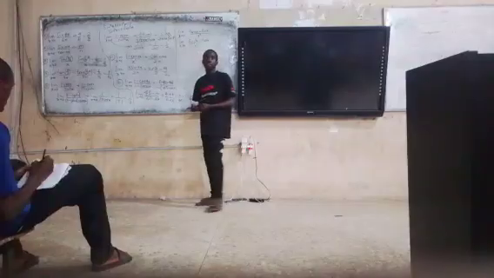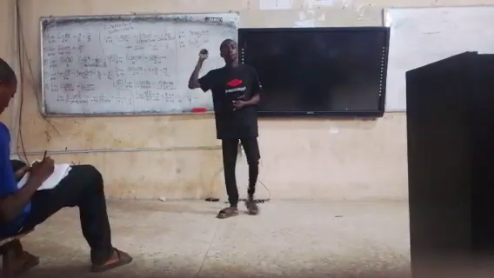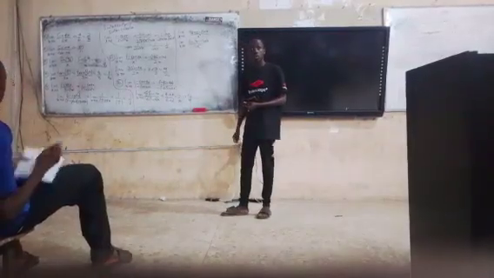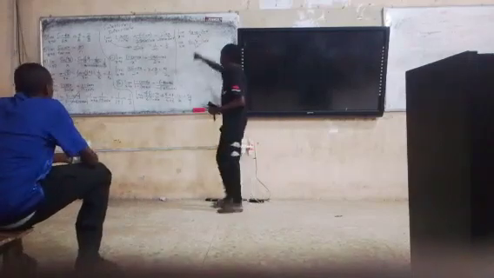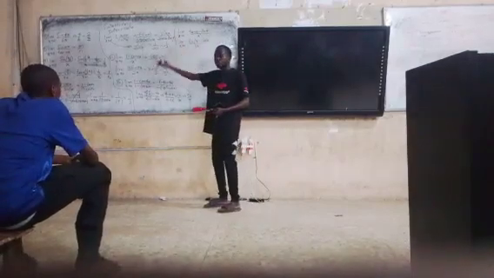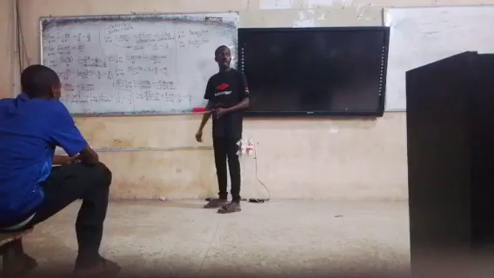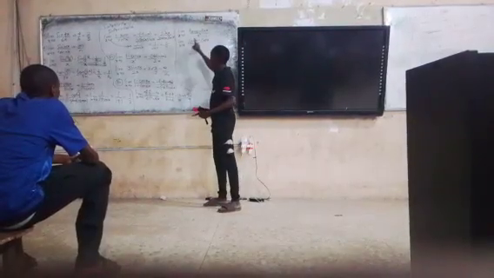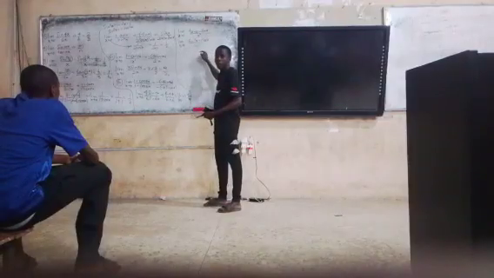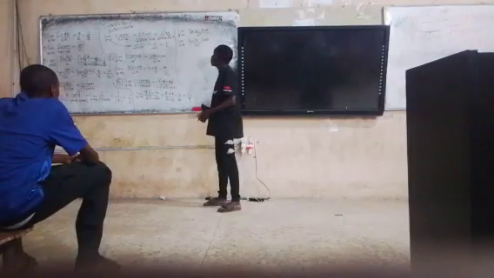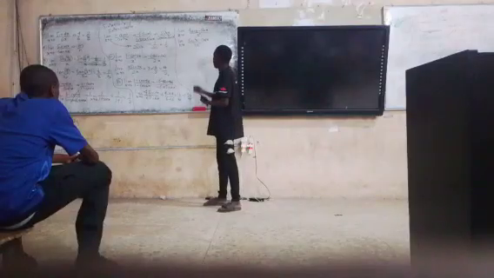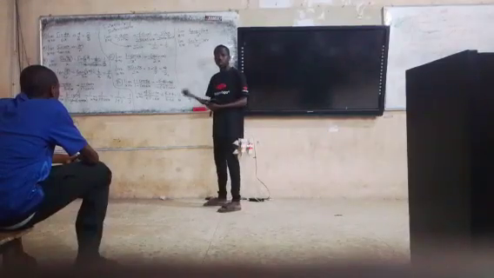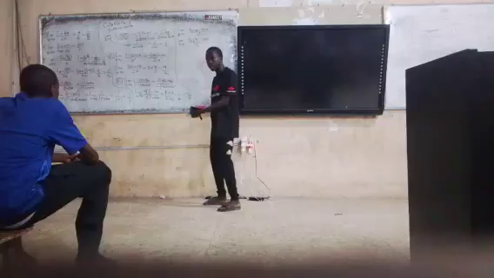Sec is the inverse of cos, and cos 0 is 1, so definitely sec 0 is 1. If I put 0 here, I will have 1 minus 1 all over 0, and that's 0 over 0. What do I do again? L'Hospital.